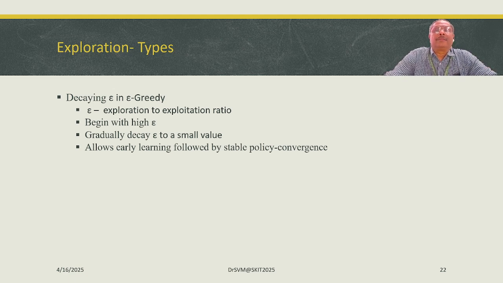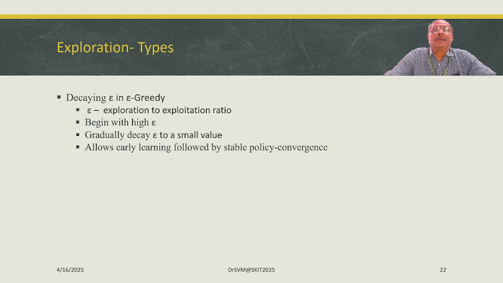And then as time passes, the value of epsilon is gradually reduced to a very small value. That means in the beginning, we know nothing about the environment. Therefore, we would prefer to explore the environment.